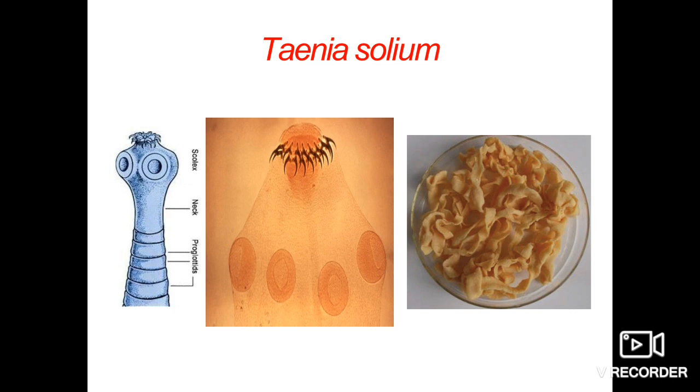Adult Taenia solium is a triploblastic acoelomate having no body cavity, 2 to 3 meters in length, and sometimes it can be more than 8 meters. So the size is very big in this parasite.